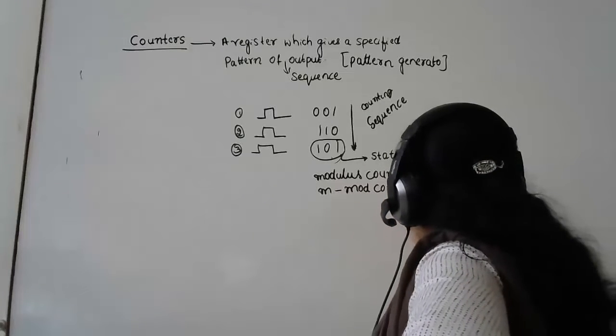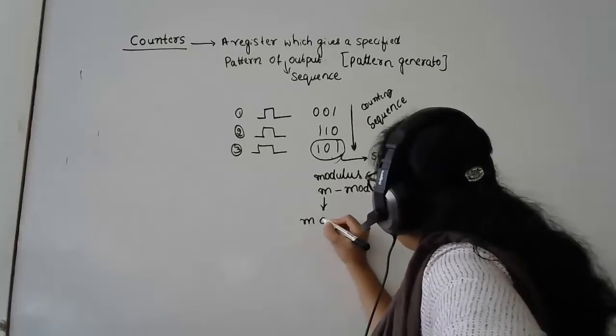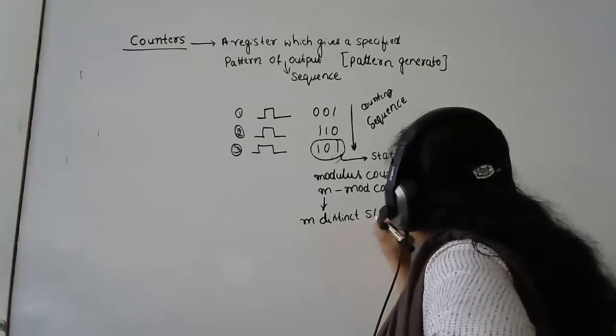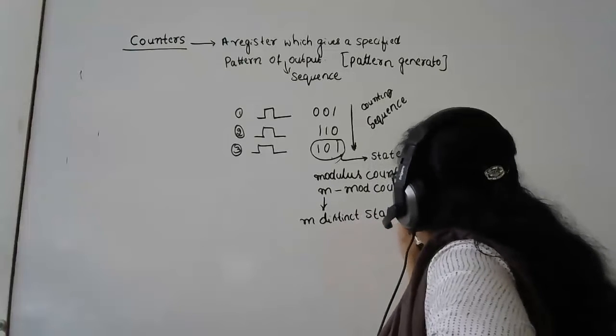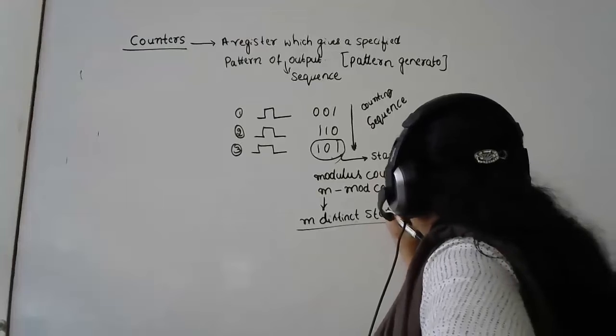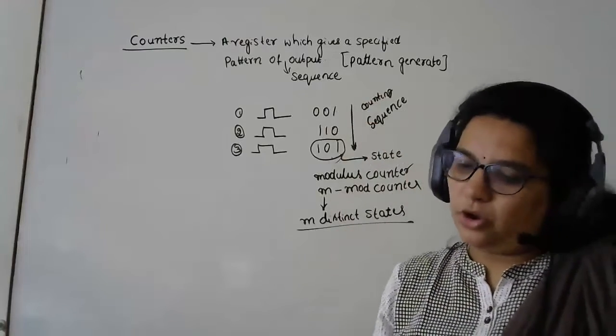What do you mean by an m mod counter? It is having m distinct states. That is the meaning of it. M distinct states are there, then I call it an m mod counter.